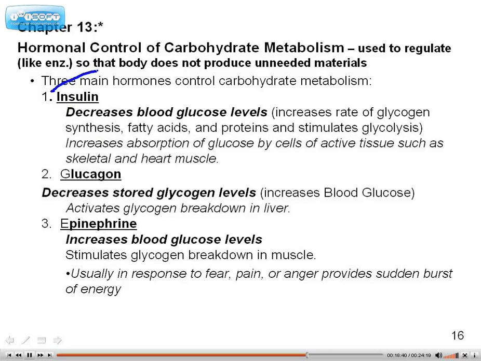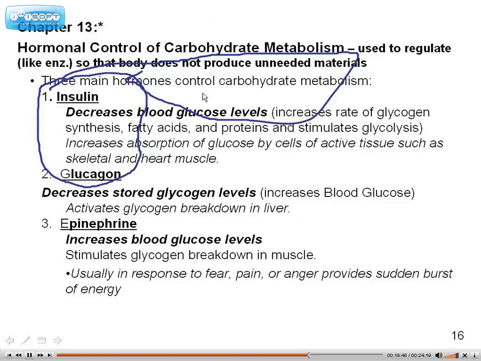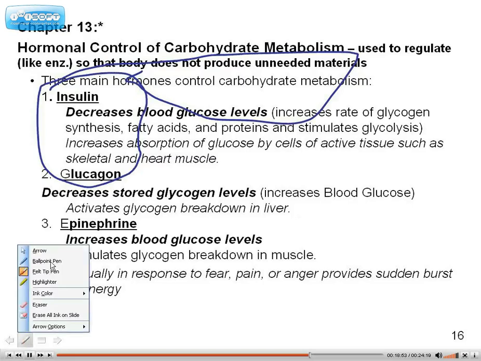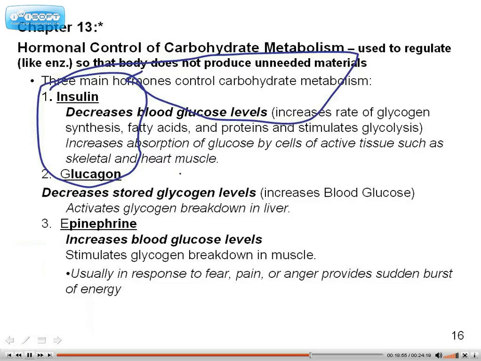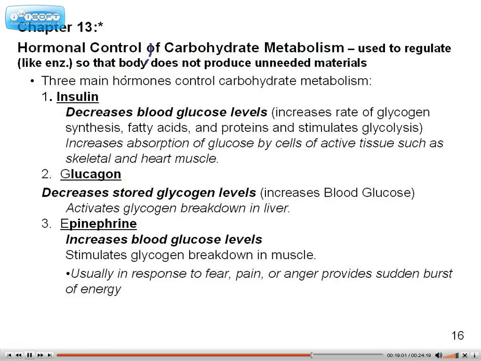Now, here is hormonal control of carbohydrate metabolism. This is the last part. Now, though there are 3 hormones we're going to be talking about, I'm first going to focus on the first 2, insulin and glucagon. So, insulin is given off to decrease blood glucose levels.